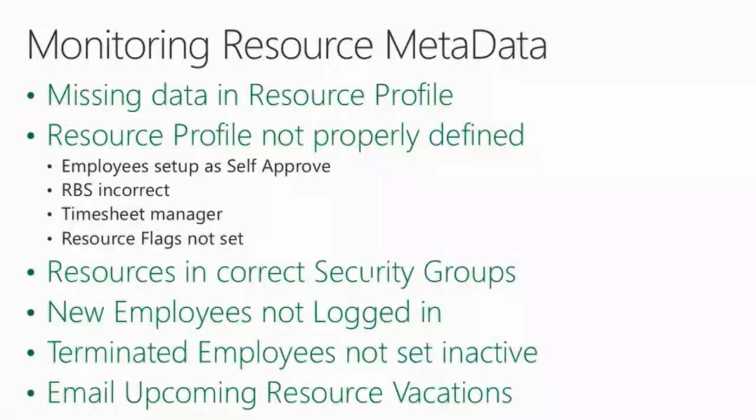I also monitor the resource profile. I look for missing data, data that's not properly defined, resources that are in the wrong security group. Sometimes people say I don't see timesheets because for some reason the security group team member got dropped.